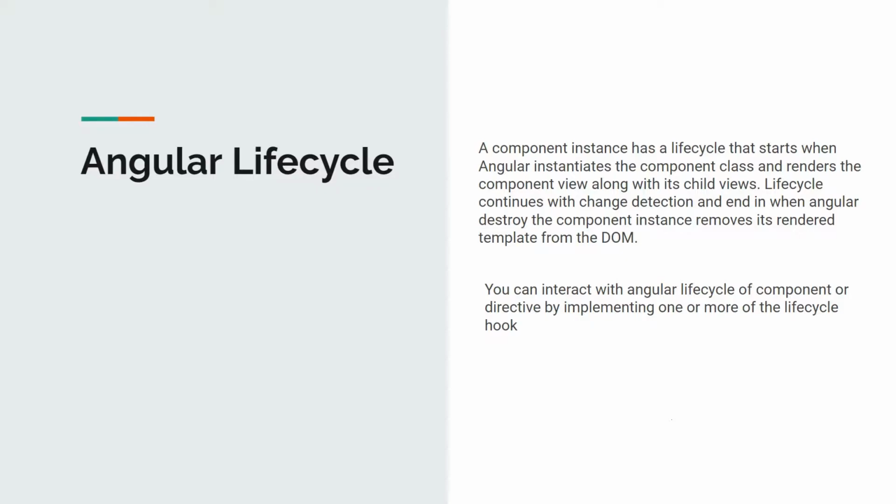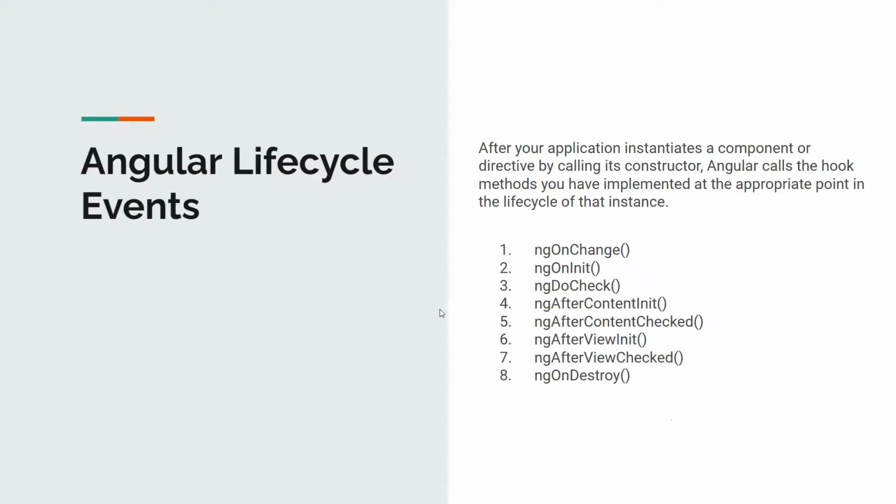You can interact with the Angular lifecycle of a component or directive by implementing one or more lifecycle hooks. These lifecycle hook methods are implemented in interfaces in the Angular core module. We can implement those interfaces and use them to interact with the Angular component.